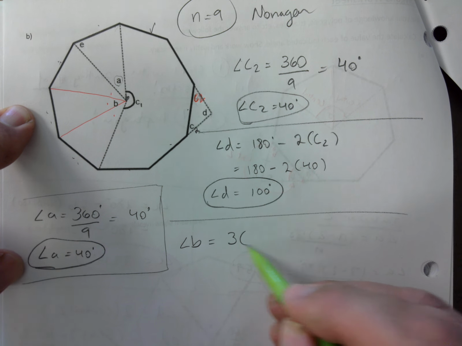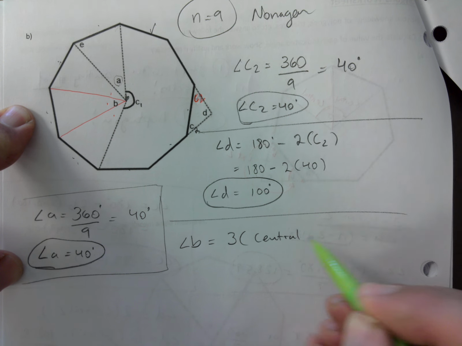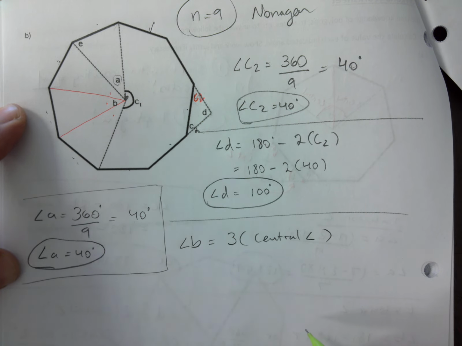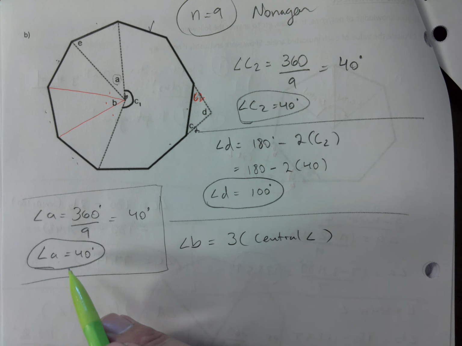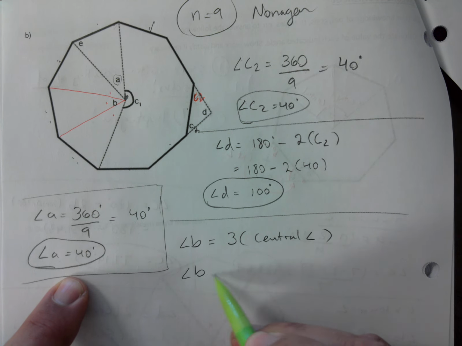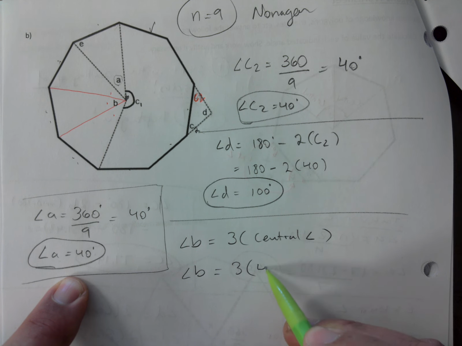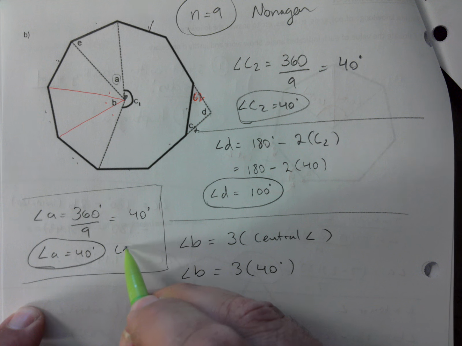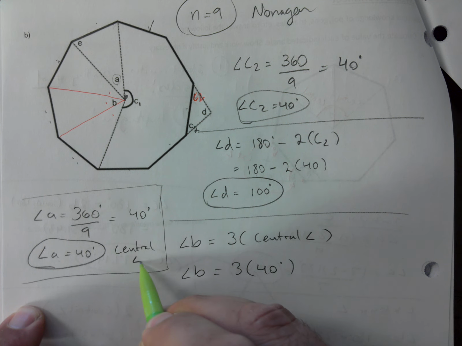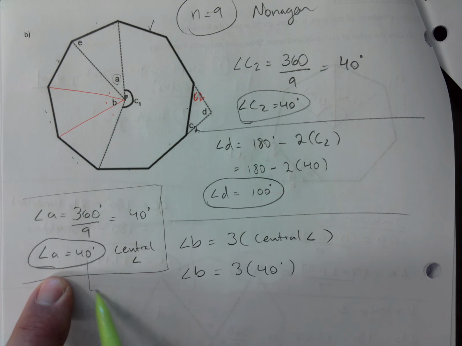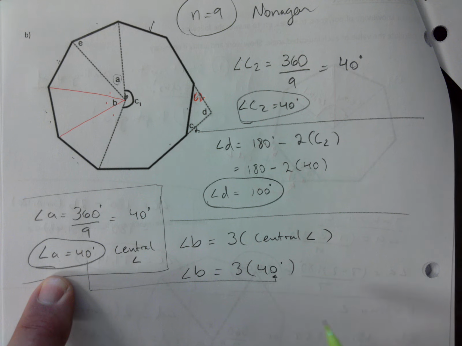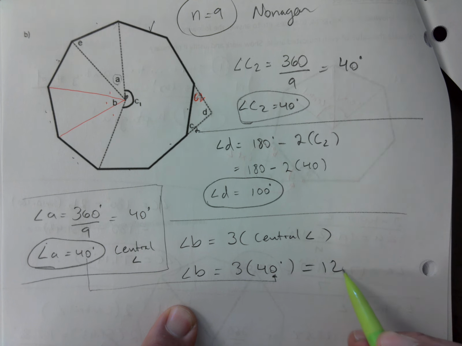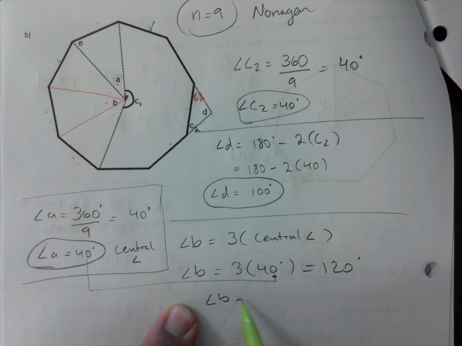So that's 3 times a central angle, or in a sense, 3 times A. So angle B is 3 times 40 degrees. Let's just say that this is a central angle here, so that we know that we got this here. So that's 120 degrees. So angle B is 120 degrees.